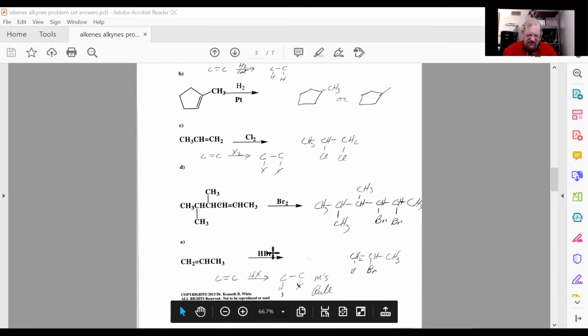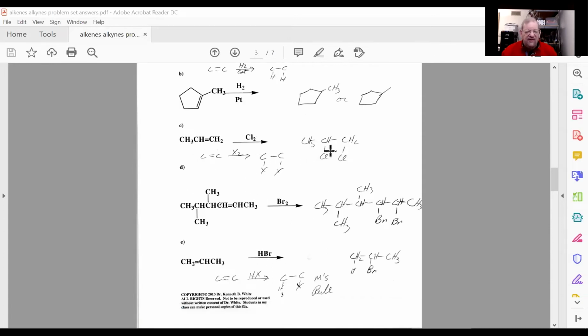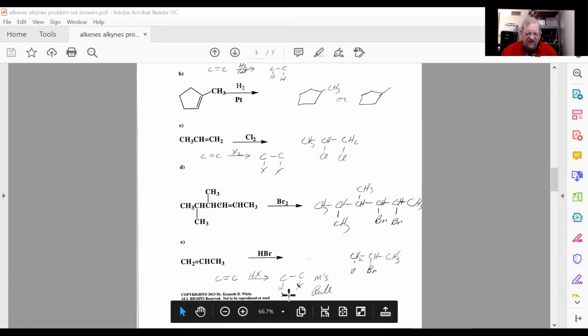You should know your halogens: fluorine, bromine, chlorine, and iodine are abbreviated by an X. And break the pi bond. One carbon gets H, the other gets X. It follows Markovnikov's rule. The carbon with the most hydrogens gets the H, the other gets the halogen. The rich get richer, the poor get poorer. Hydrogens, that is. This has two, this has one.